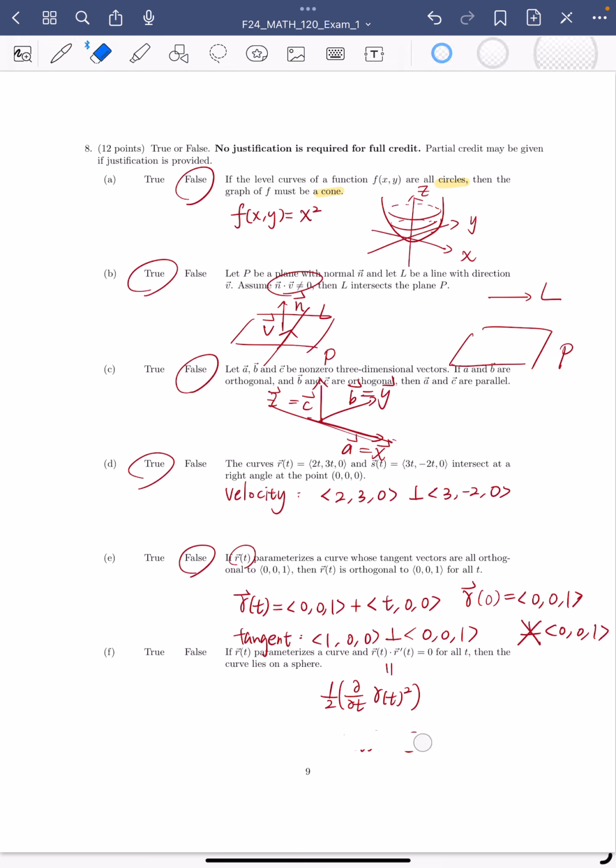No, it's not r, it should be the norm of r of t squared. So, I'm sorry, the norm of r of t squared is a constant. That means r of t belongs to the sphere with radius, right?